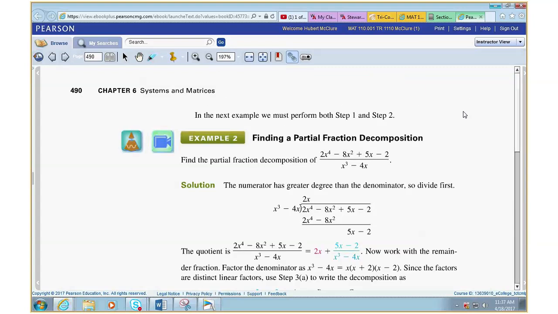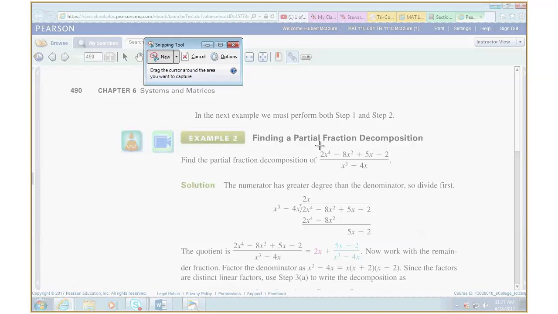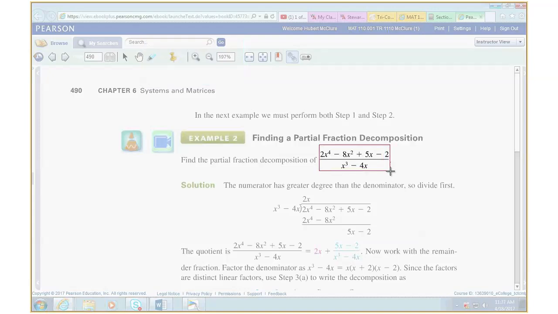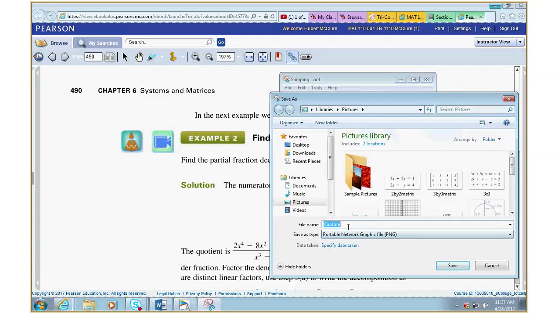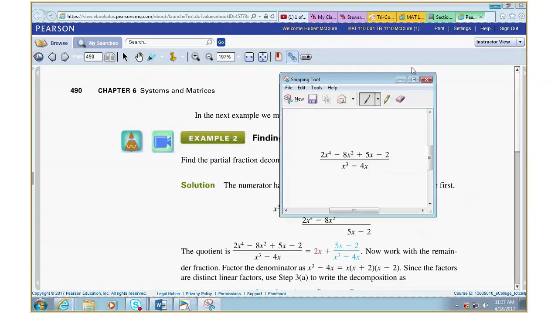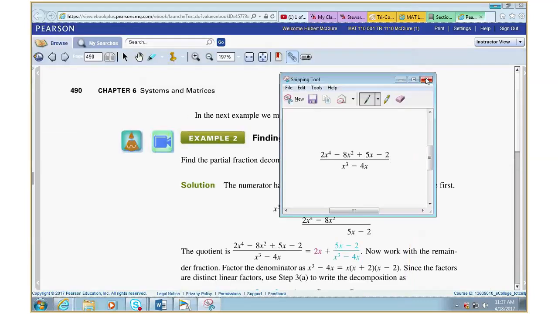Now, what if you got one like this? Let me cut it out. Now, remember, you have to look at the degrees of the problem. Now, what if you got a problem like this? What do you do?